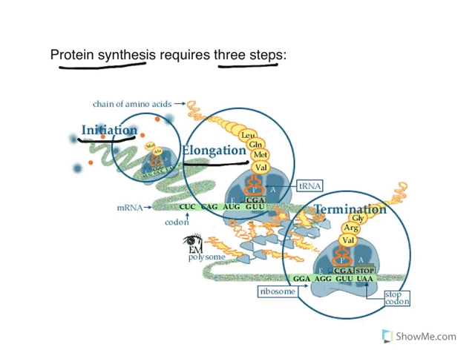As their anticodons pair with their complementary codons on mRNA, the amino acids they carry are in close proximity and they form a peptide bond. This process continues until all codons are translated and the proper sequence of amino acids are lined up to join and form the protein. And then the last stage is termination, where the final stop codon does not code for an amino acid. Instead, it indicates the polypeptide or protein is complete.